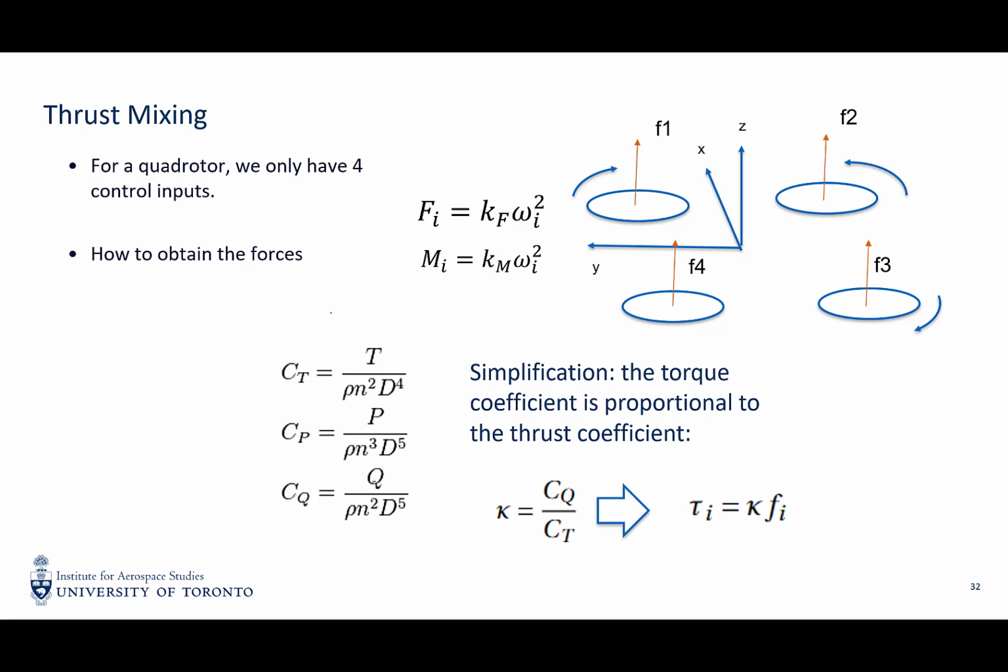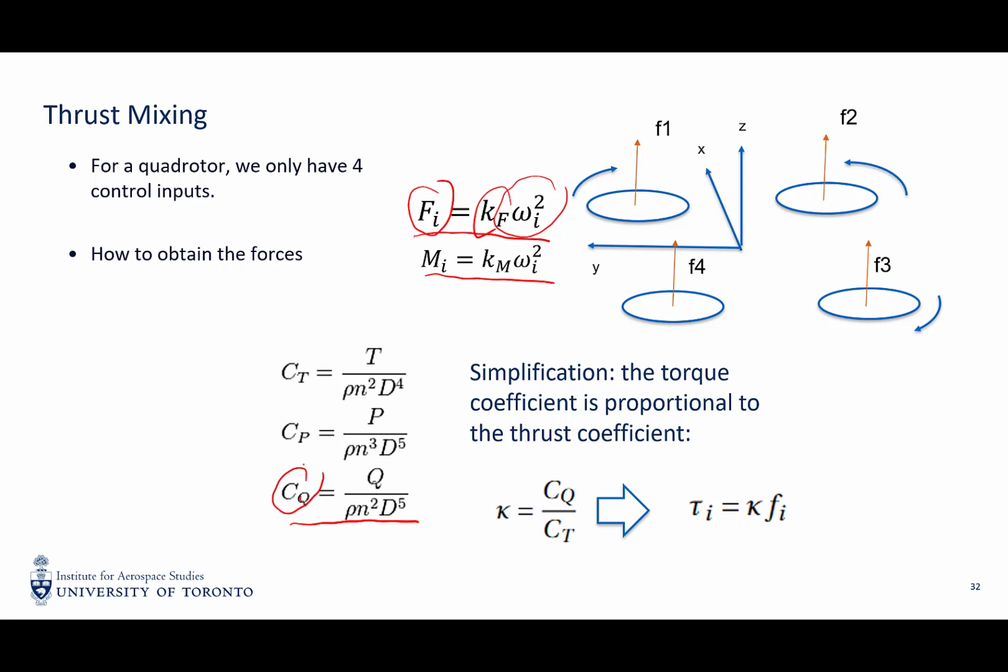So we can safely assume that if we use some ESC, an electronic speed controller, we can control the omega of the propeller spinning speed. Then the thrust generated by the propeller is just a quadratic function of the rotating speed of the propeller times a constant. It is also true for the moment, because the torque on the propeller is a quadratic function of the rotating speed if CQ is a constant.